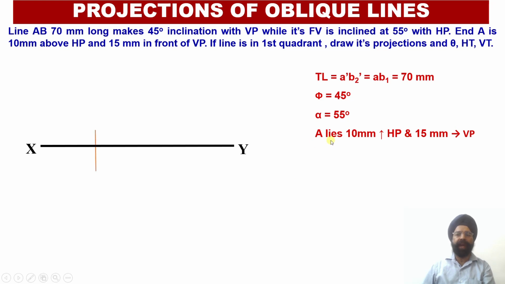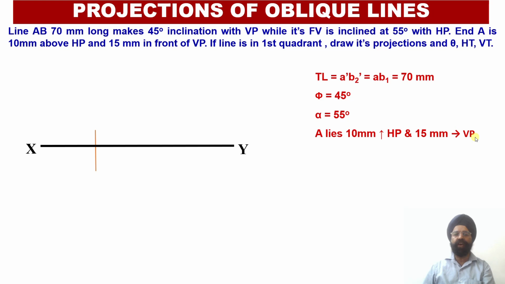Now we have been provided with the coordinate locations of the end A of the line. End A lies 10 millimeter above the horizontal plane and 15 millimeter in front of the vertical plane.